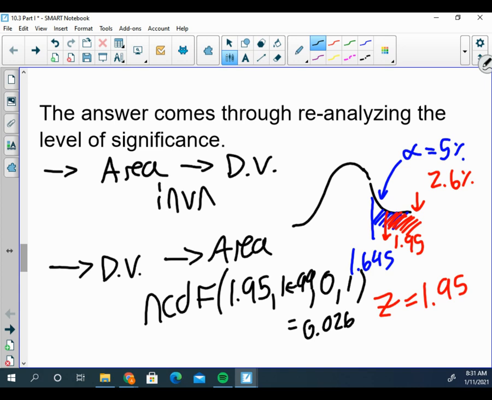Well, what we do is we view this 1.95 as a cutoff point. We find how much area is to the right of it. In that case, we did it by using NCDF. It's 2.6%. The other way of thinking about it, if alpha is the top 5%, there's only a 5% chance, given that the null is true, that my data value falls in that top 5%.